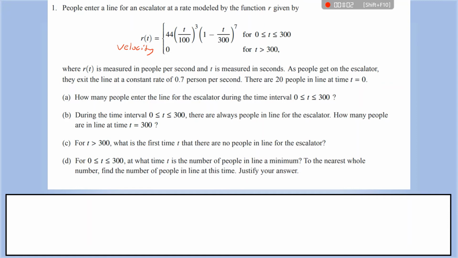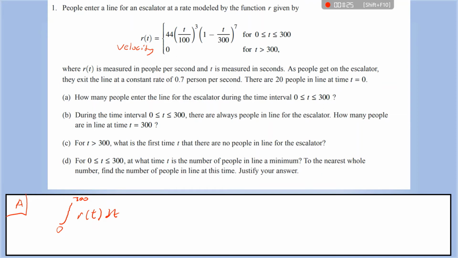To integrate. Okay, so I'm going to integrate from what to what? 0 to 300. Right, from 0 to 300 of R of t dt.